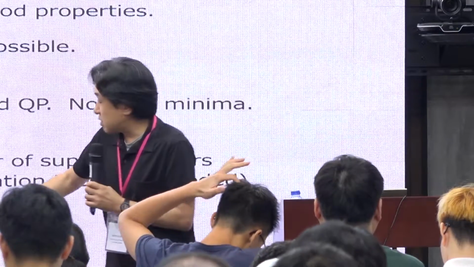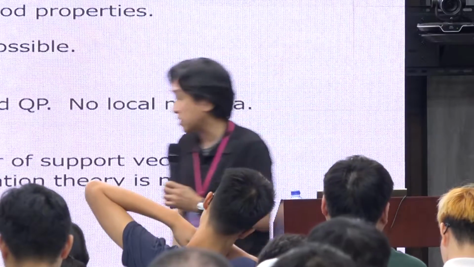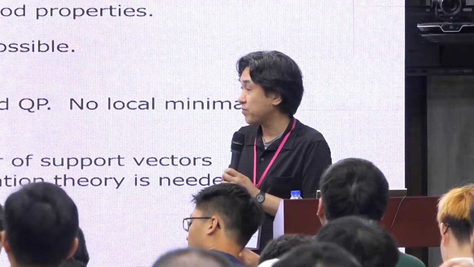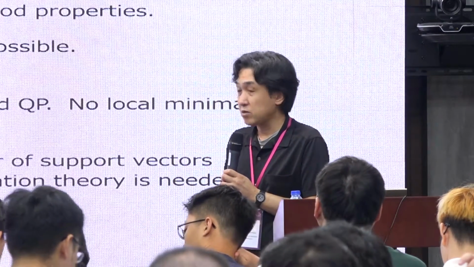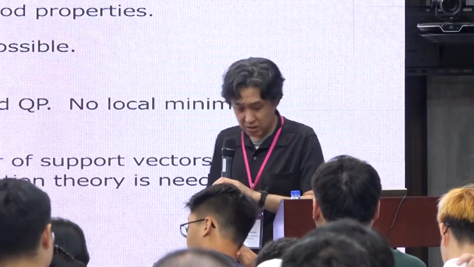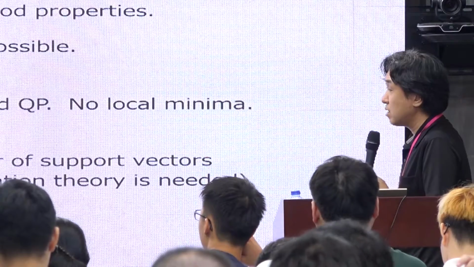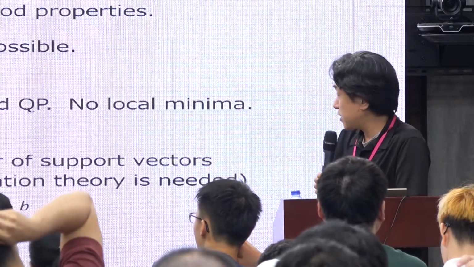The data points corresponding to the non-zero coefficients are called support vectors. So this is a kind of sparse representation. Only part of the data points is used to express the solution. That is why this method is called the support vector machine. And the theoretical guarantee is also obtained, as I explained.